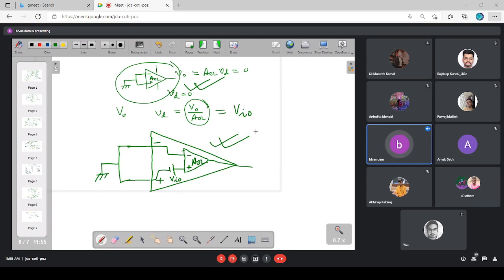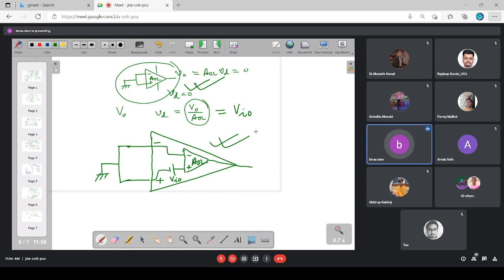Remember, there is no physical presence of this VIO. Only to give one mathematical reasoning for the non-zero output voltage at the practical operational amplifier output, we are assuming the presence of this VIO and that ideal operational amplifier.